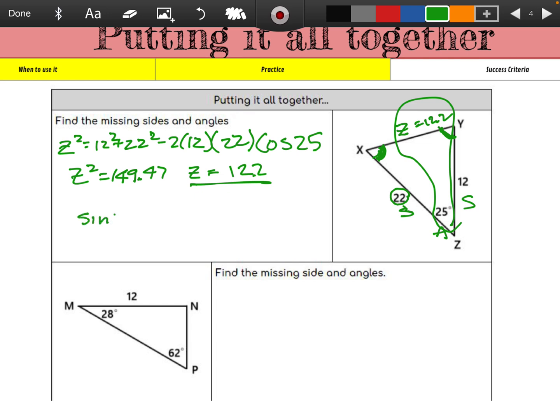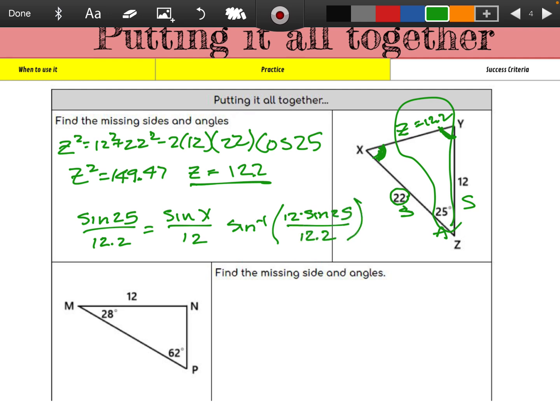So solving for x, we can use law of sines: sine 25 over 12.2 equals sine x over 12. So we take the sine inverse of 12 times sine 25 over 12.2.